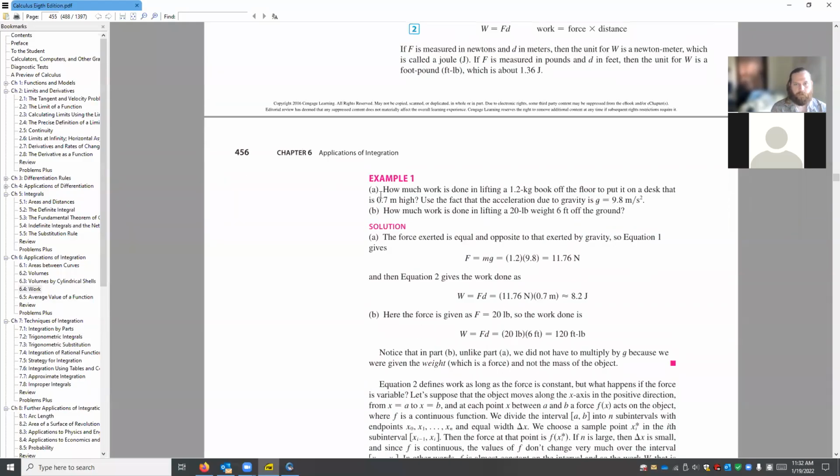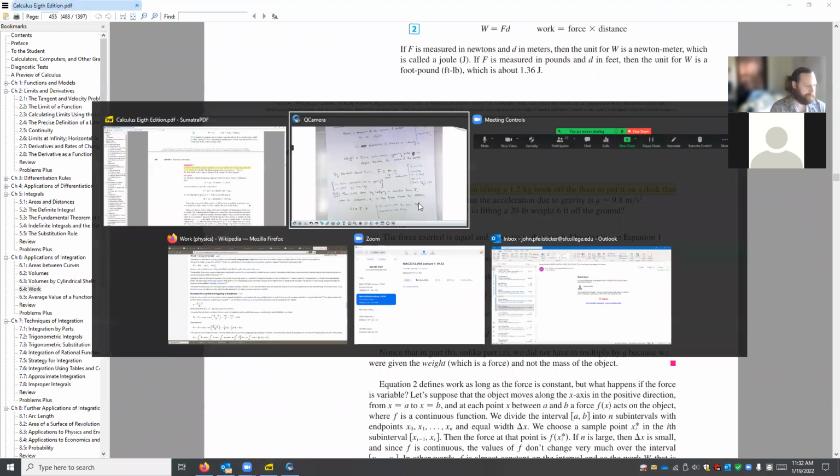First example: how much work is done lifting a 1.2 kilogram book off the floor to put it on a desk that is 0.7 meters high? This kind of feels like middle school physics, but trust me, it will get more interesting.